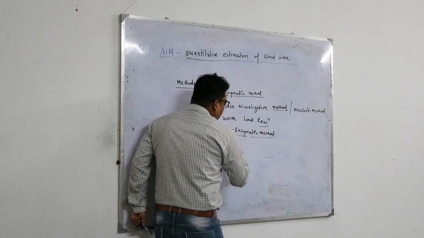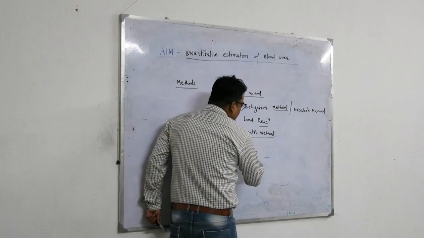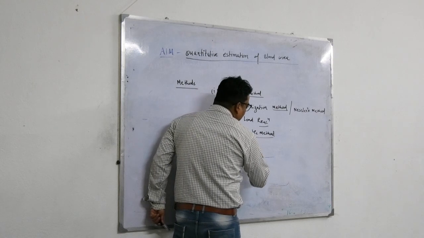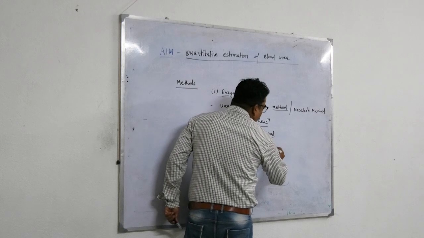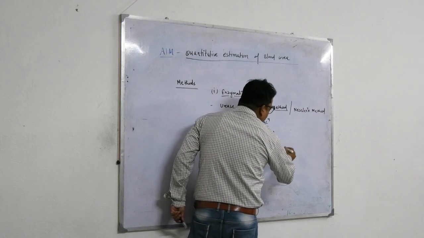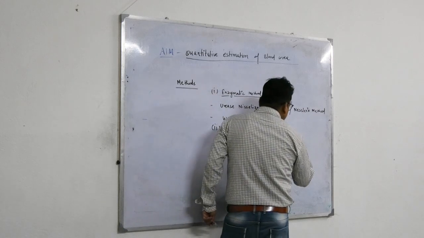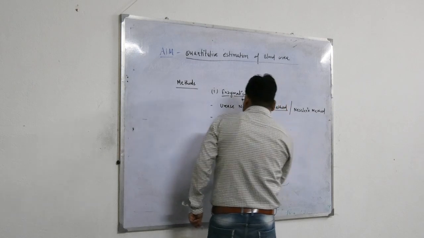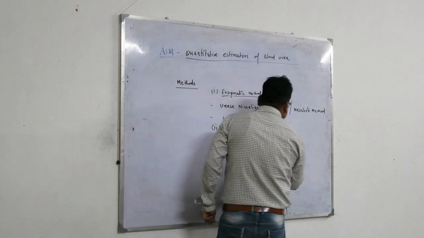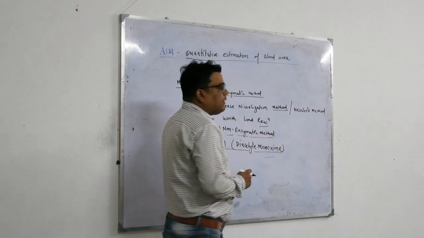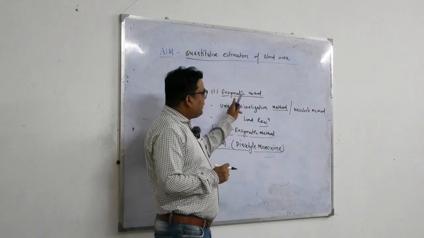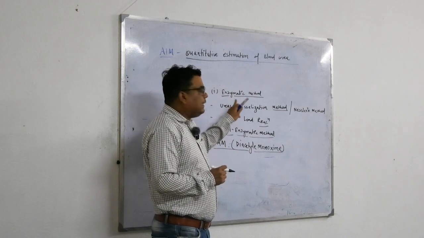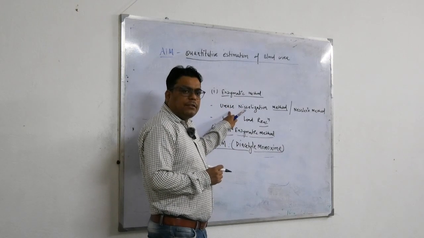In the non-enzymatic method, there is one method we call the DAM method. DAM stands for diacetyl monoxime. This is the non-enzymatic method for the quantitative estimation of blood urea. Which is the first method? The enzymatic method, that is the urease neutralization method.